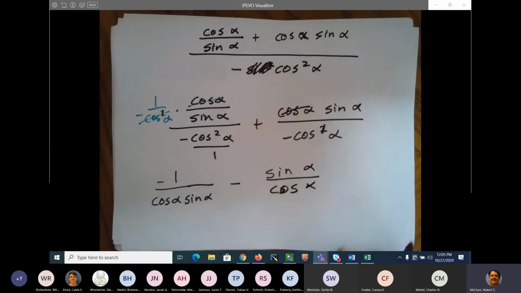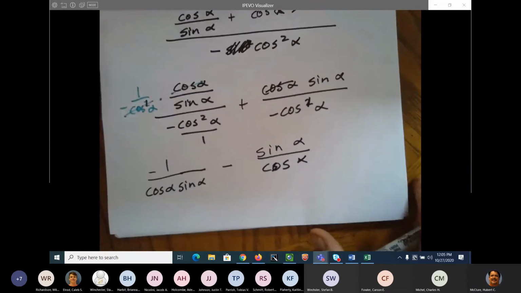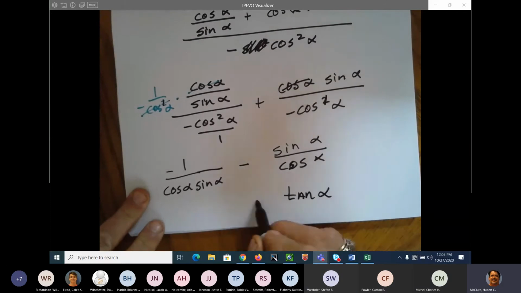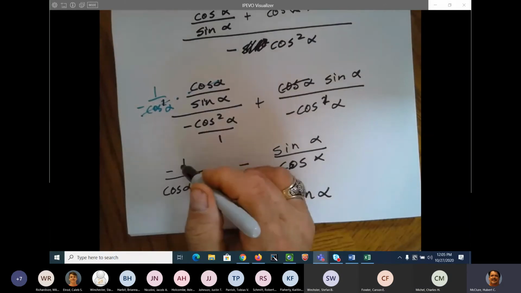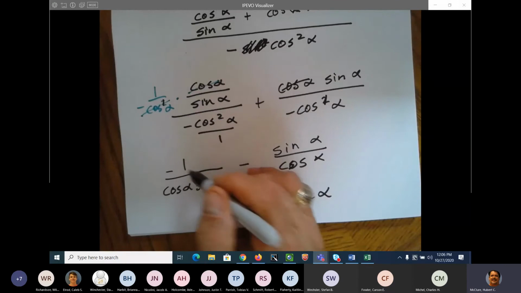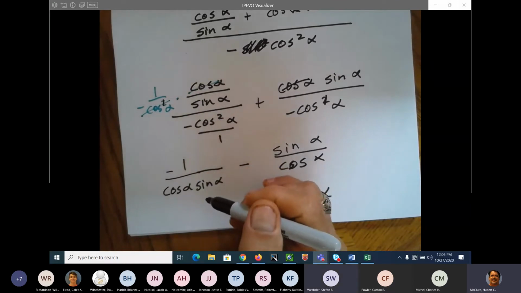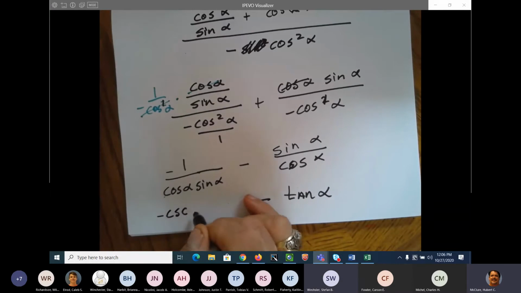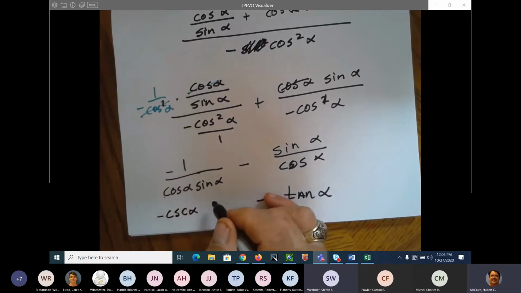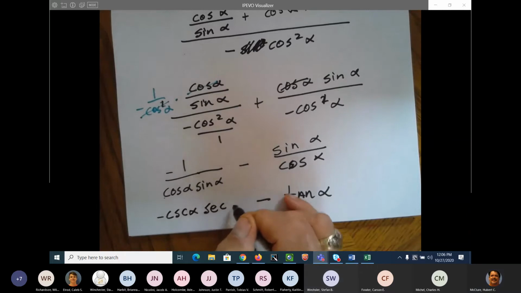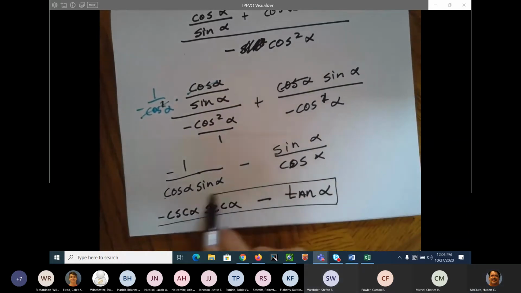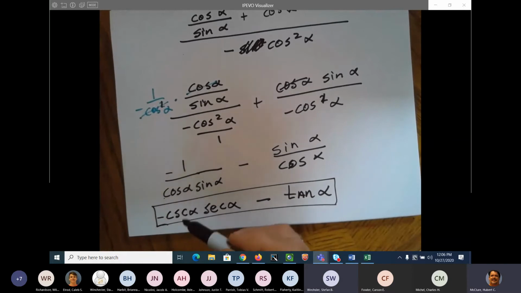And what is the sine over cosine? Tangent. And what is 1 over the cosine and 1 over the sine? 1 over the cosine is cosecant. And 1 over the sine is what? I think you actually said that backwards. Okay, it's the secant.